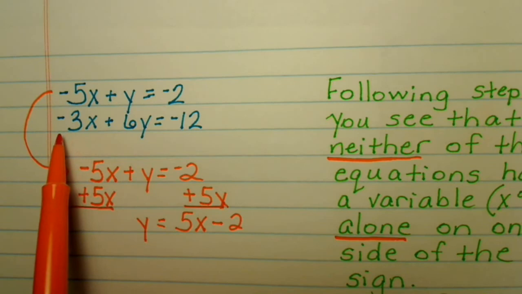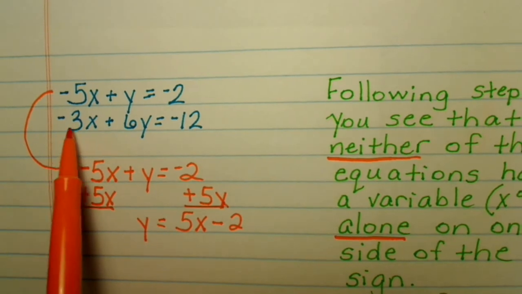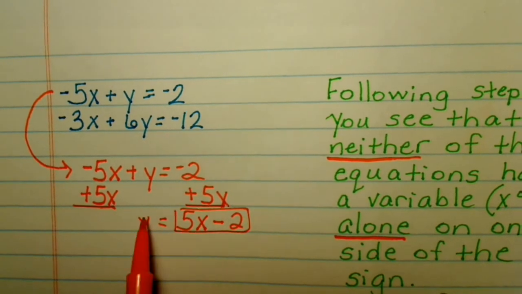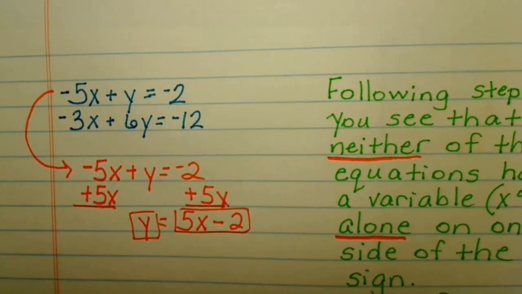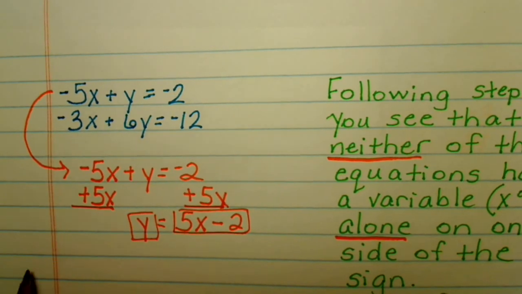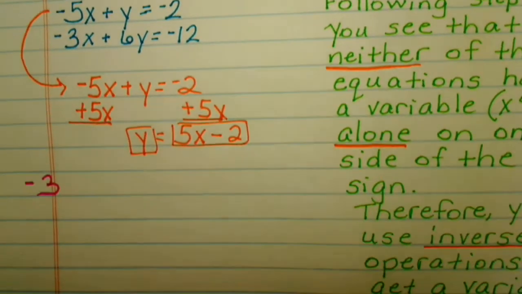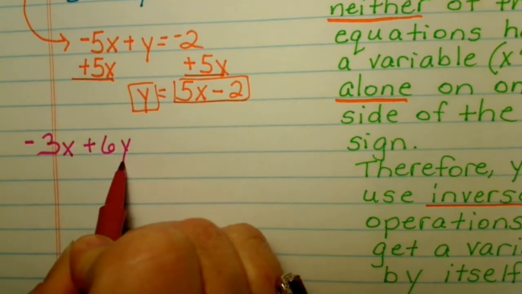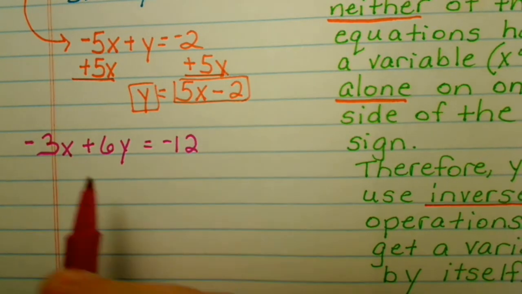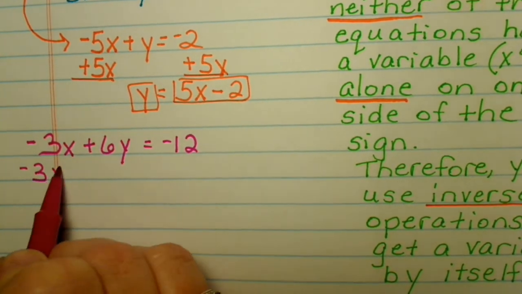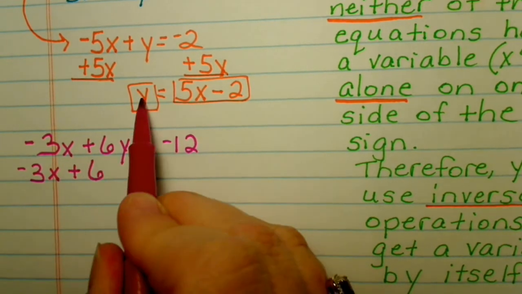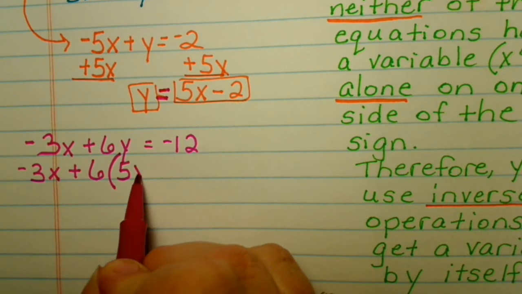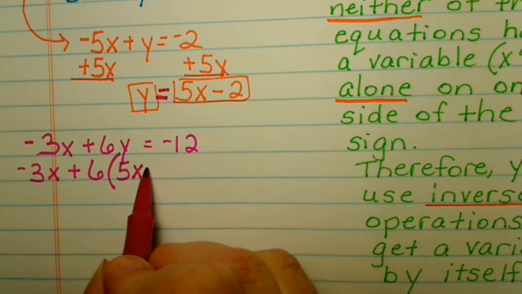So we're going to take the other equation, which is negative 3x plus 6y equals negative 12. We're going to substitute in place of y what's equal to y, which is 5x minus 2.